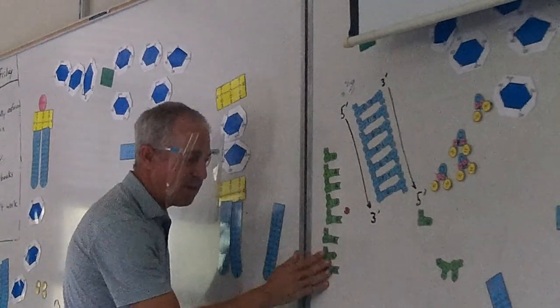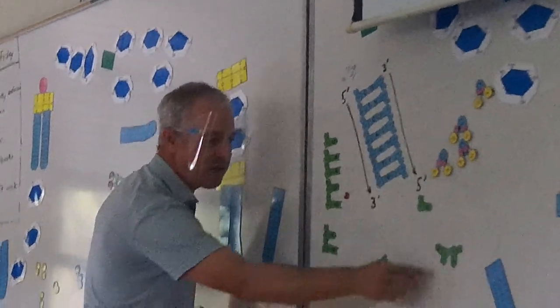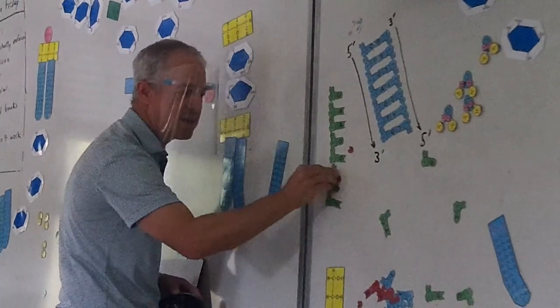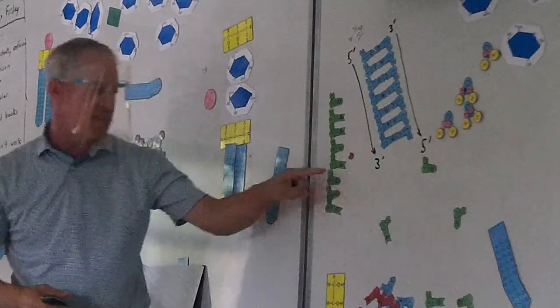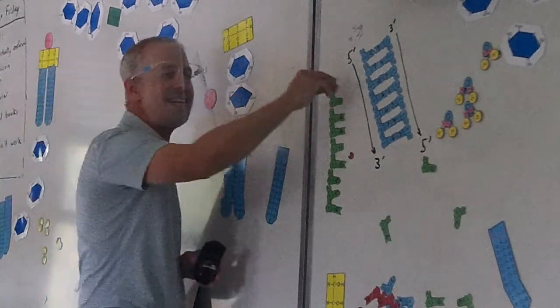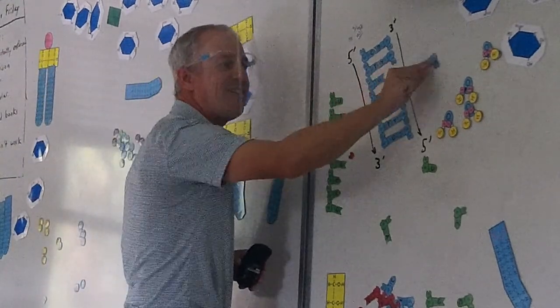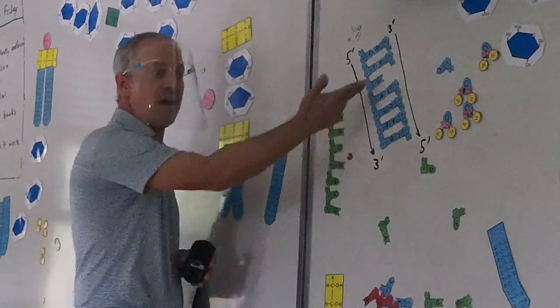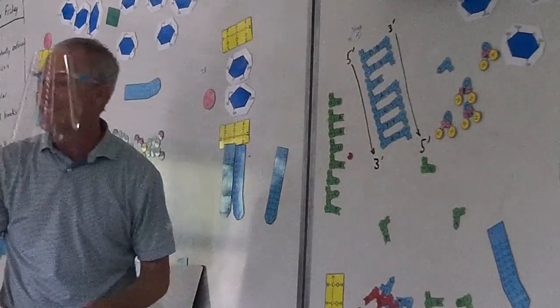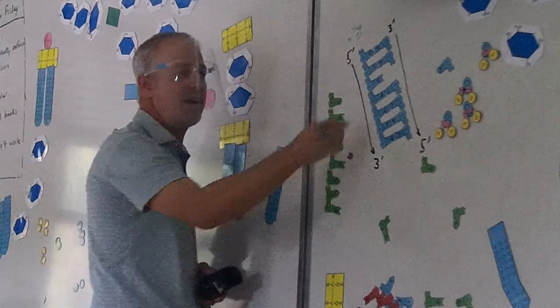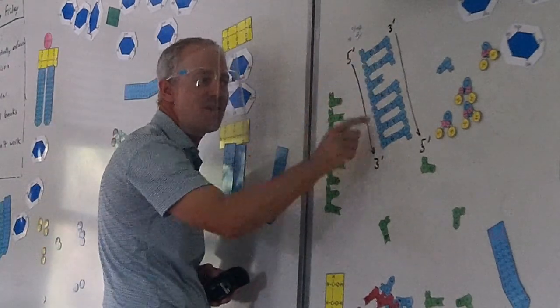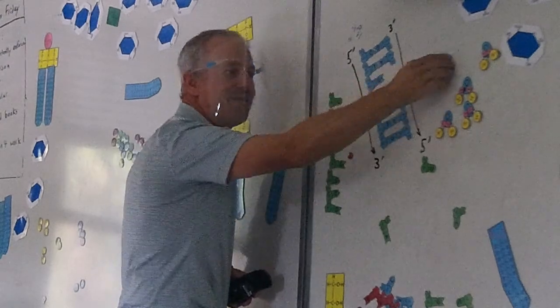Or if that gets knocked out, another one can come in and it can be a totally different one. An A gets knocked out, a C can take its place. But on DNA, if a C gets knocked out right there, only a C can fit back in and take its place. DNA does not mutate very often because there's an opposite strand that only one thing can fit to.